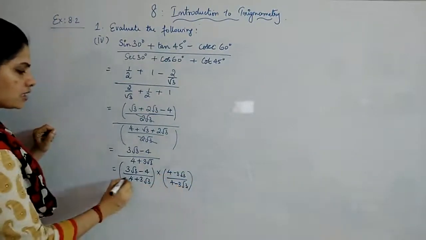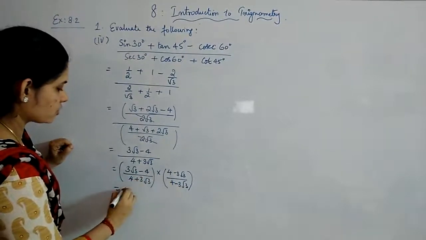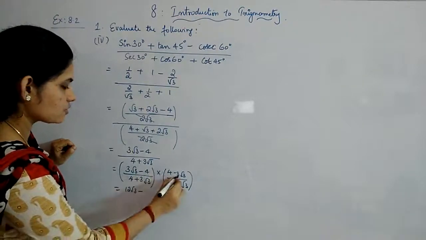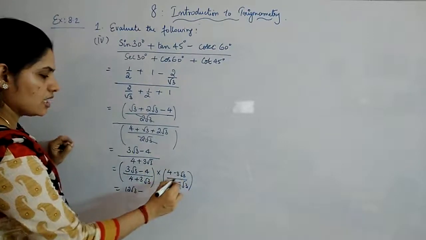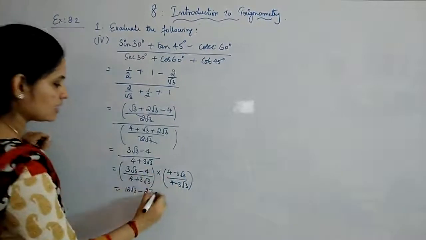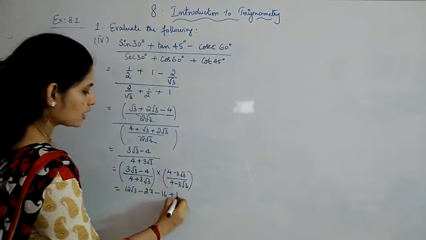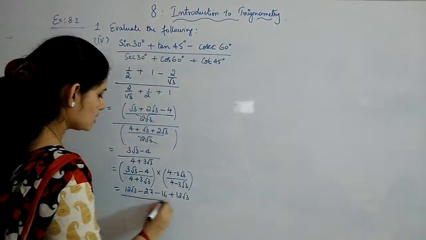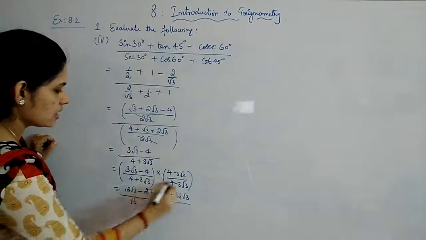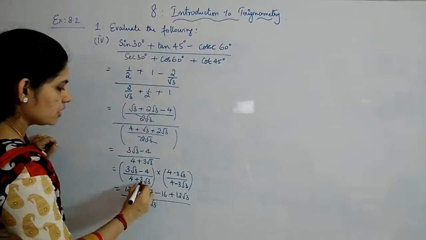Doing this will give you 3 into 4, 12 root 3. Then minus 3 into 3 is 9, root 3 into root 3 is 3, so 9 into 3 will give you 27, minus 4 into 4, 16, and minus into minus plus 4 into 3, again 12 root 3, divided by 4 into 4 is 16 minus 4 into 3 root 3, giving you 12 root 3 again.